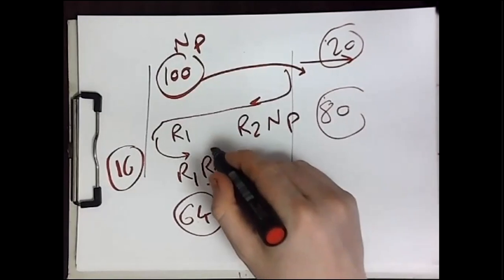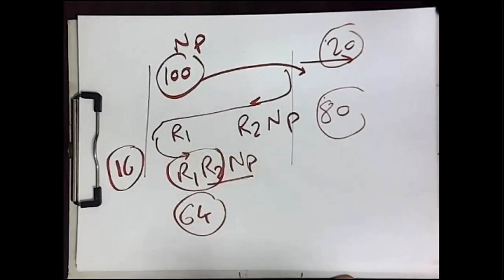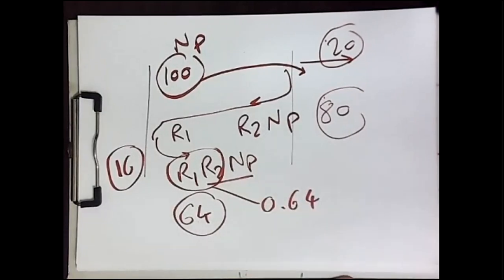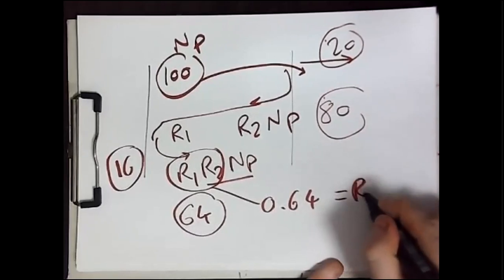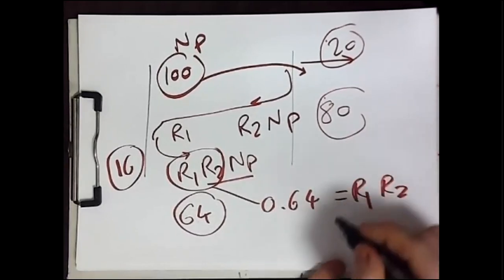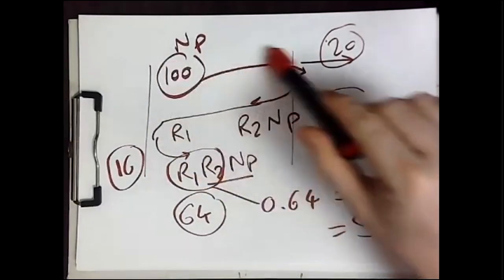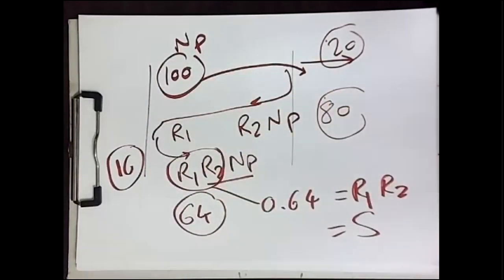Only 0.64 of the input has survived, which is R1 times R2, which we call S, or the surviving factor. So the surviving factor represents the amount of photons, or the percentage of photons, that will survive after completing one round trip inside the cavity.